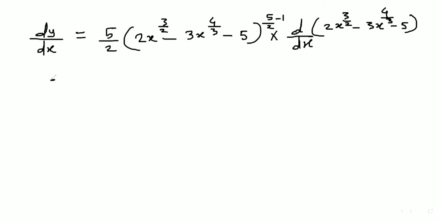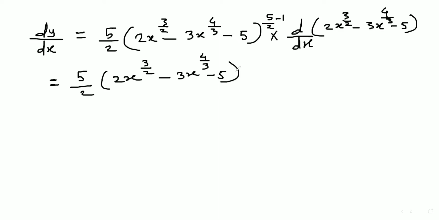Let's solve this further. 5 upon 2 we will write as it is, and the function also, 2x raised to 3 by 2 minus 3x raised to 4 by 3 minus 5, raised to 5 upon 2 minus 1, which is 3 by 2. I have mentioned here into the individual derivatives of these three terms.